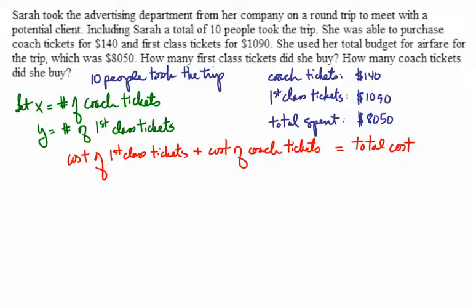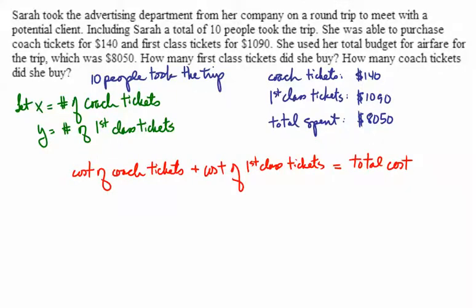So let's see, how do we find the cost of the first class tickets? Well, if x represents the number of, in this case, y. I got these kind of backwards from the way we've been talking about it, so I'm just going to swap these around real quick. Alright, since x represents the number of coach tickets, and each coach ticket costs $140, then the cost of the coach tickets is going to be 140 times x.